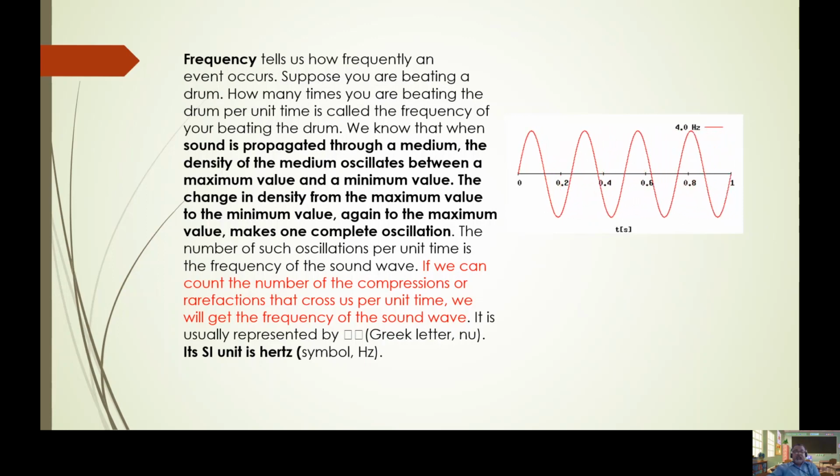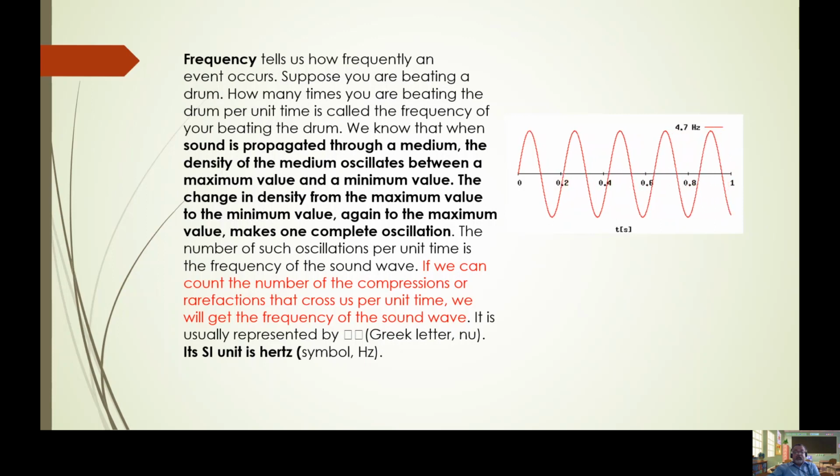The change in density from the maximum value to the minimum value and again to the maximum value makes a complete oscillation. The number of such oscillations per unit time is the frequency of the sound wave.